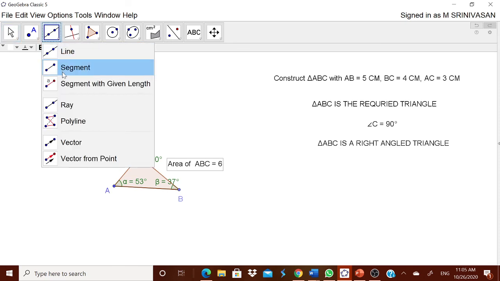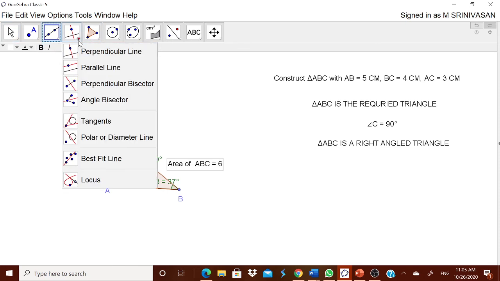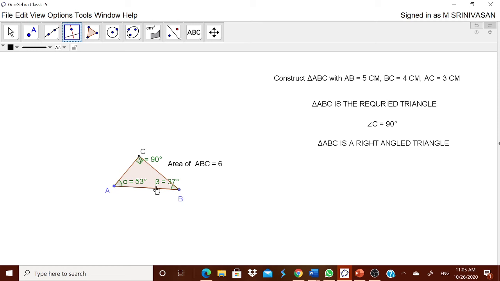I will take a perpendicular line for this AB, I want a perpendicular from B. So for B, I am touching this AC. Oh, it goes on one of the sides. Okay, now the altitude, you know what is the side of it? It is 4. Therefore, the altitude is 4. The base is 3. Therefore, half into base into height, the answer is 6.